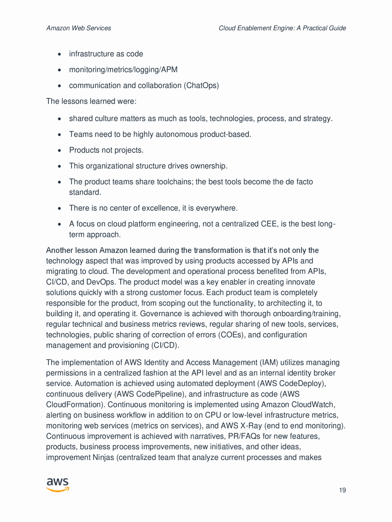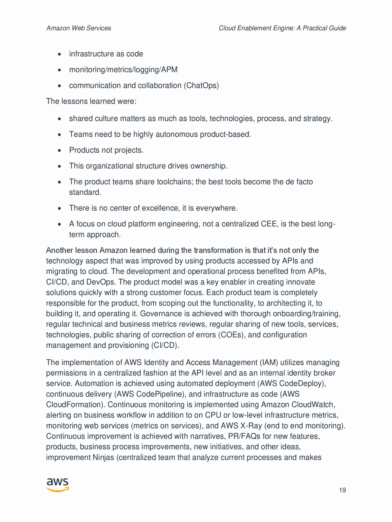Continuous monitoring is implemented using Amazon CloudWatch, alerting on business workflow in addition to CPU or low-level infrastructure metrics, monitoring web services, metrics on services, and AWS X-Ray, end-to-end monitoring.